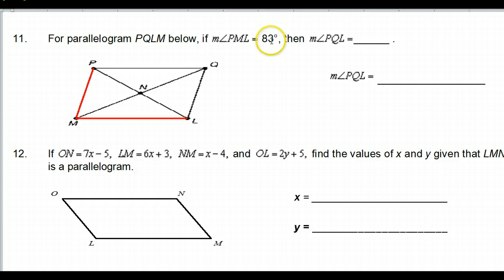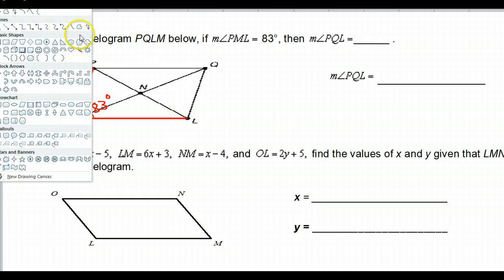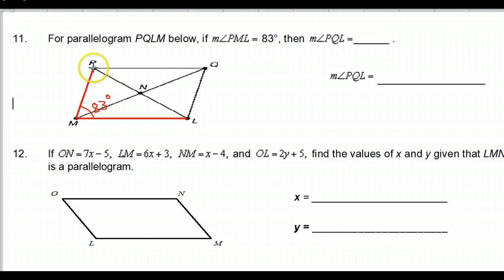And that red angle is 83 degrees. Maybe I'll go ahead and mark that. Okay, so this whole thing is 83 degrees. Now, we're supposed to find the measure of angle PQL. Okay, well that's kind of easy. PQL goes from P to Q to L.